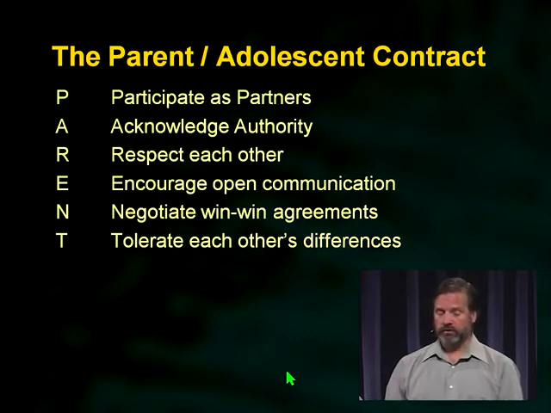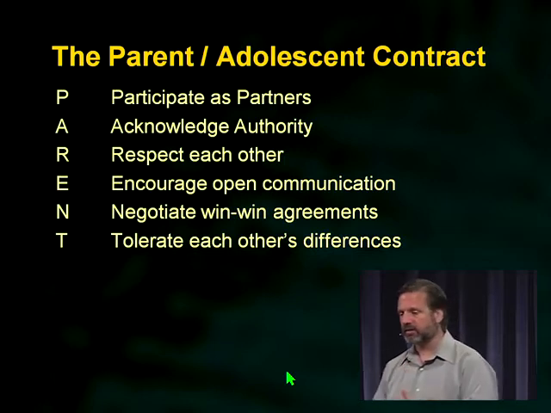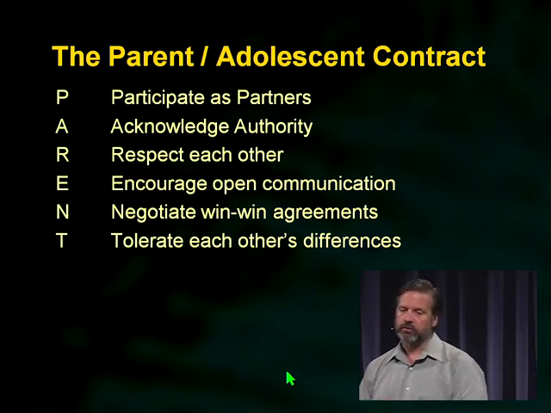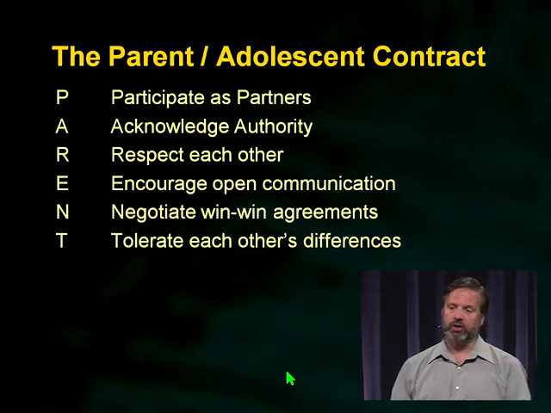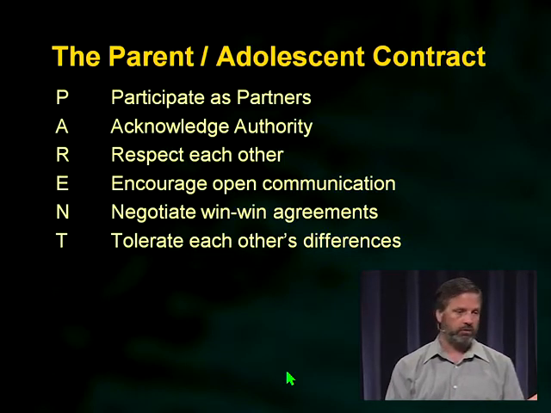Mutual respect, encourage open communication. Negotiation is huge. So that always has to be a part of that discussion, is a back and forth, and telling the parents you need to allow some latitude for the adolescent to negotiate what they want. And then tolerate each other's differences, because you know that you have differences.